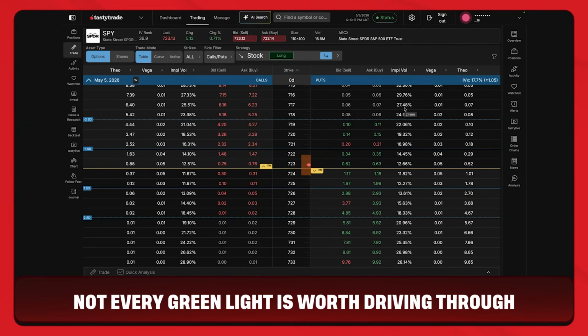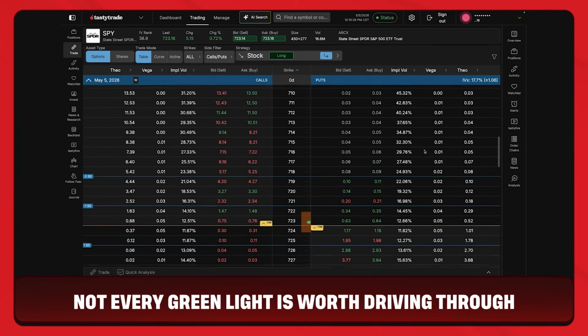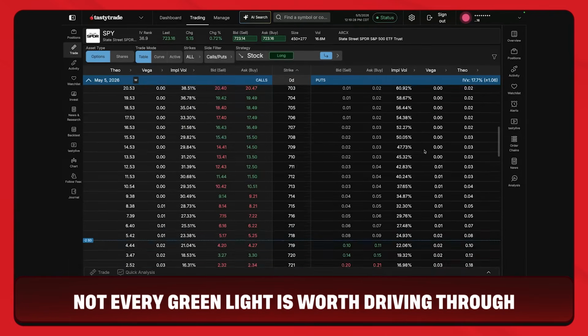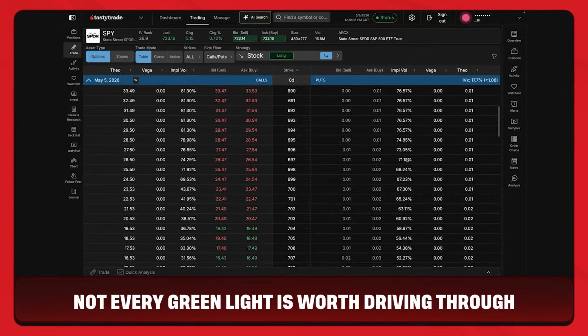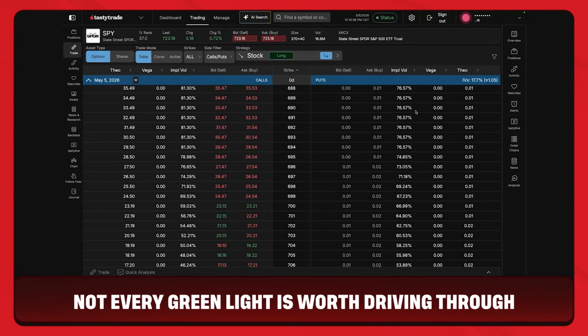Well, yes and no. Because if you keep chasing implied volatility, especially the closer you get to expiration, look at how these implied volatilities keep going up and up and up, to where the 690 puts have a 77.56 implied volatility. That's a lot bigger than 12.5%. What's going on? Why is this happening?